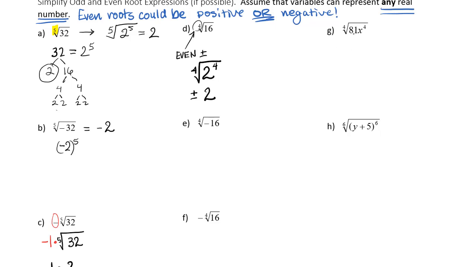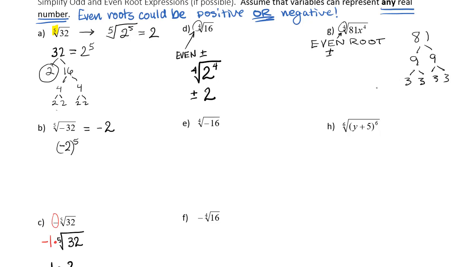The 4th root of 81 x to the 4th would be plus or minus because of the even root. And then 81, if we factor that, using a factoring tree, we would get 9 and 9. 9 factors to 3 and 3.